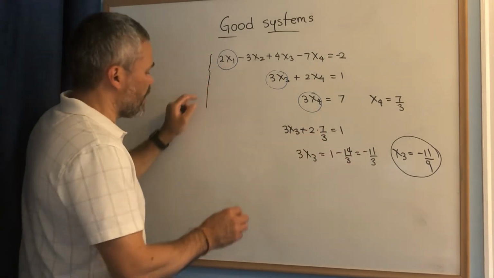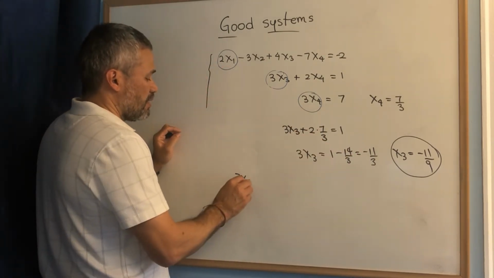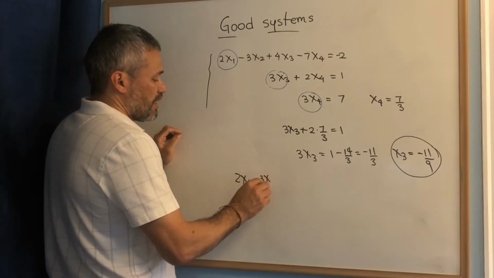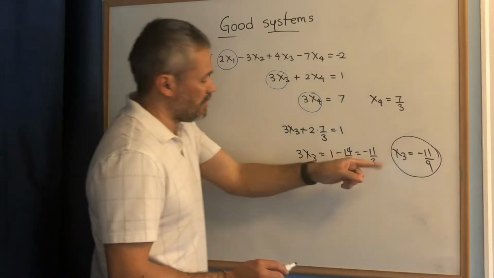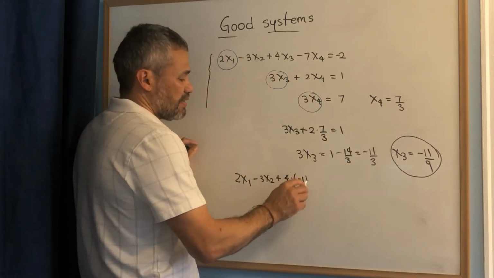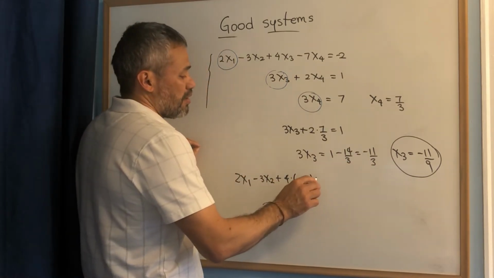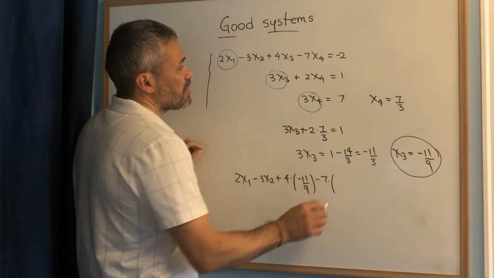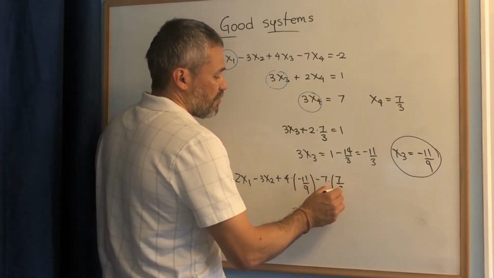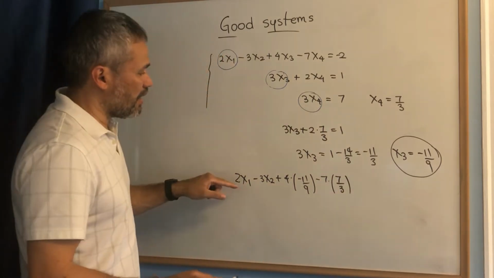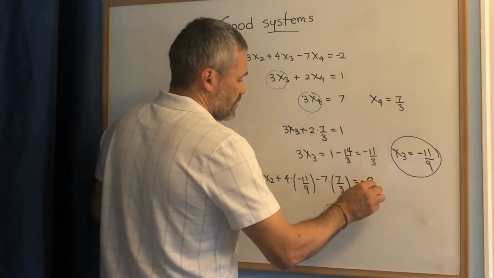And then from here we get that 2x1 minus 3x2 plus 4 times x3, but x3 is negative 11 over 9, minus 7 times x4, but x4 is 7 over 3. And then we have that this is equal to negative 2.